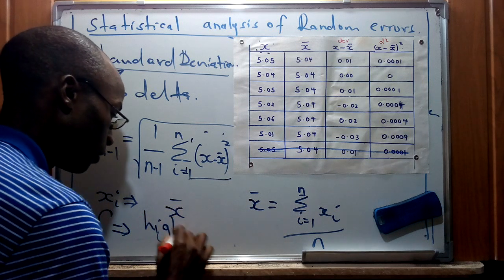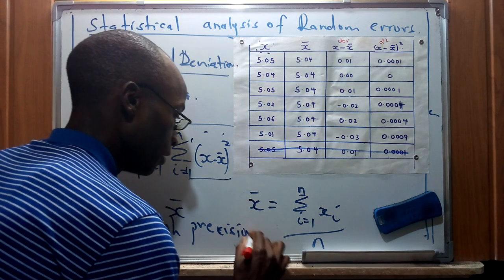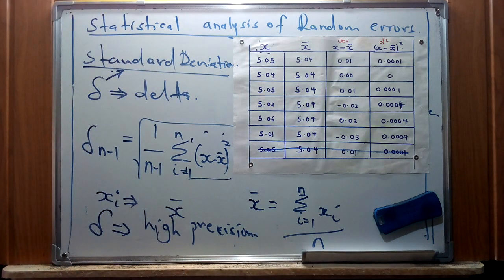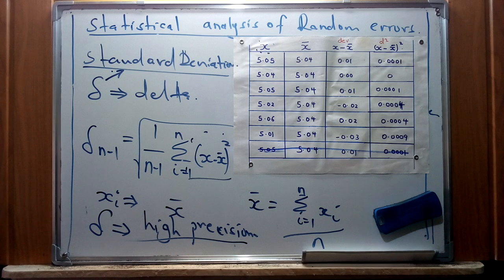Now that I've talked about the concept of precision, of course the quality or the condition of a fact or a factor of being exact or accurate. So apart from the mean, this is the second one, and we're going to look at the last two concepts on how we can obtain other ways of analyzing these random errors.